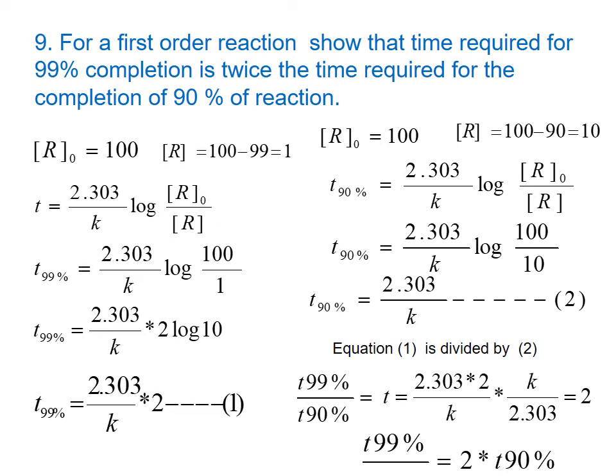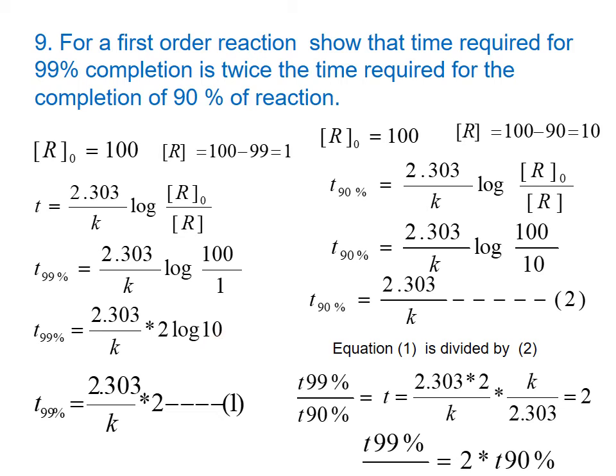Here the completion of reaction is 99 percentage. So T 99 percent equal to 2.303 by k log R0 is 100, R is 1, log 100 by 1. Then T 99 percentage equal to 2.303 by k into log 100. We can write log 10 square is equal to log 100. Log 10 square is equal to 2 log 10.